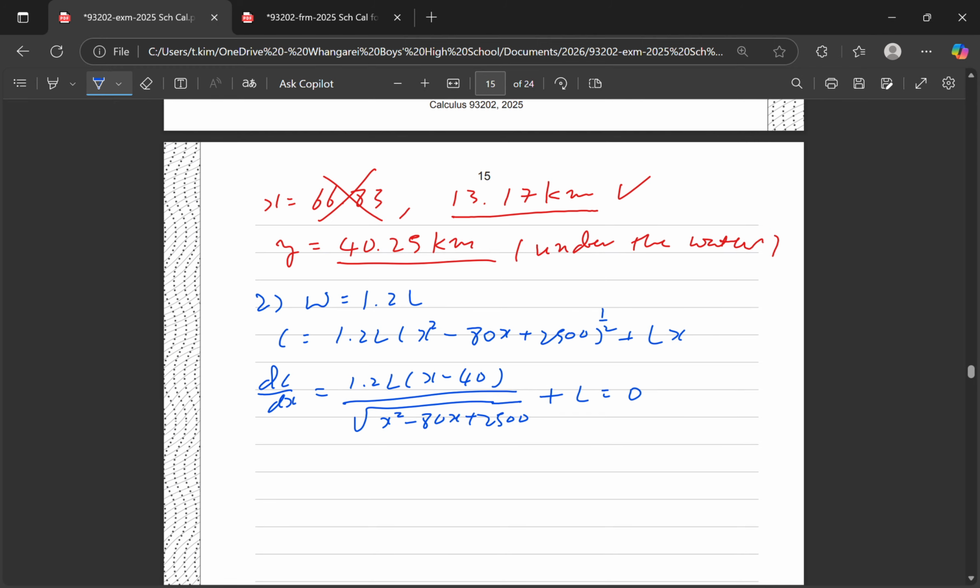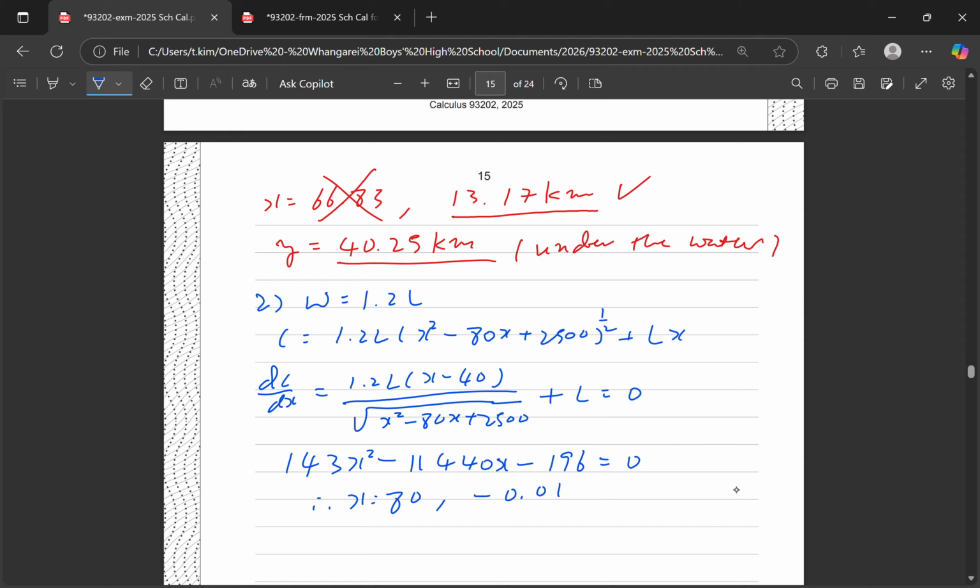So the same process, and you find a quadratic equation like this: 143x squared minus 11,440x minus 196.